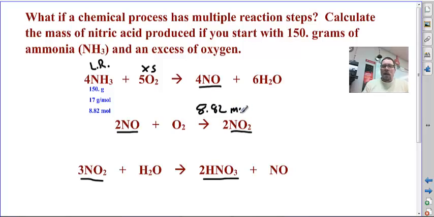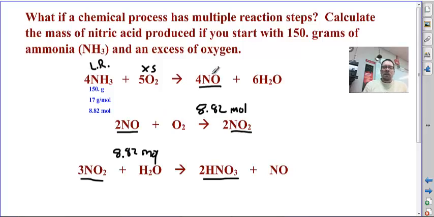Since that's exactly the amount I produced, that is exactly the amount I have to start with in the second step of this reaction. That number just transfers from here to here because that's exactly how much I made. That is exactly how much I have to start with.